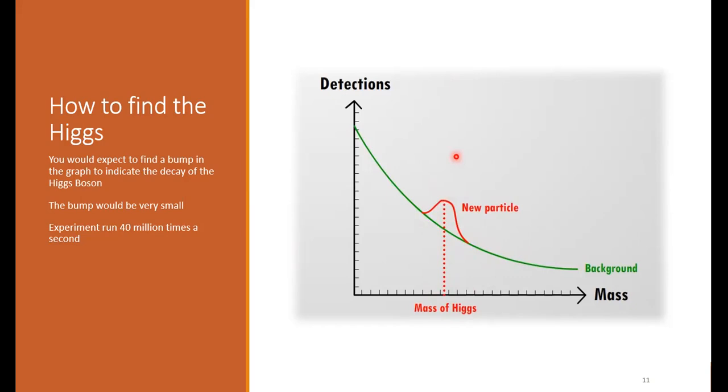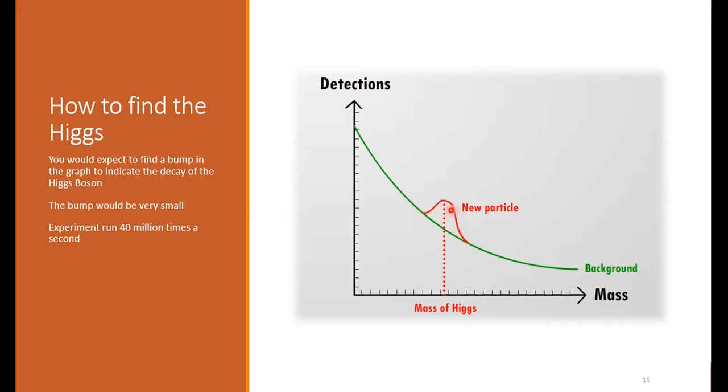But one of the problems was, this is an exaggerated graph. The actual prediction was that the bump would be quite small. So we had to make sure that that bump wasn't because of some statistical fluctuations. So because of that, we wanted a large amount of data, lots of repetitions of experiments to make sure that what we were looking at was actually something real and not a random bump.